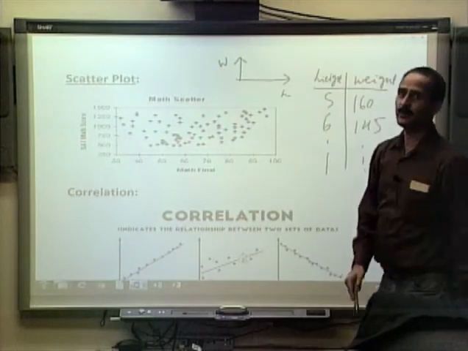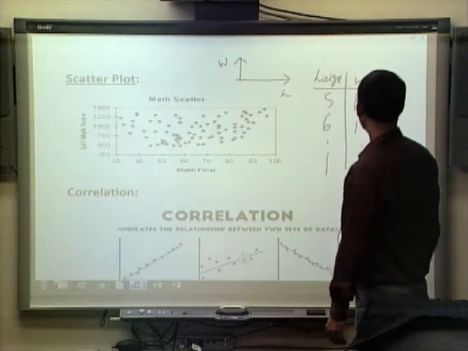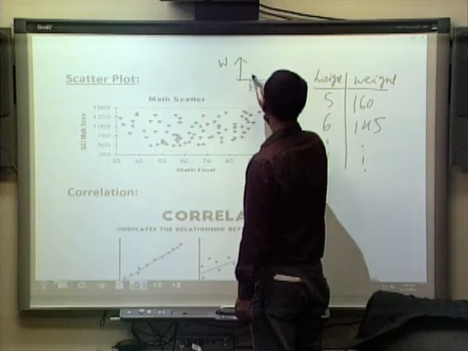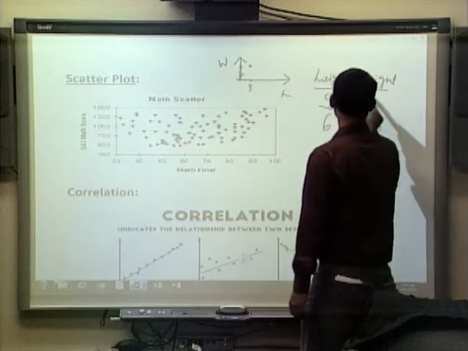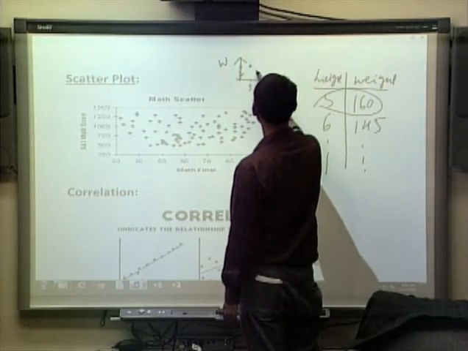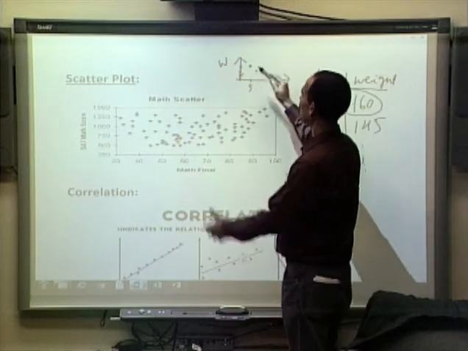We might have kept weight on the horizontal and height on the vertical. 160 will be, let us say here is 0.5, and let us say this y axis is divided so that this is 160. So, this dot represents this person. 6 feet, 145, so another person is represented by this dot, and so on. This graph is called a scatter plot.